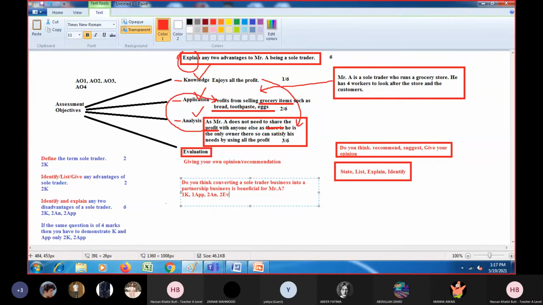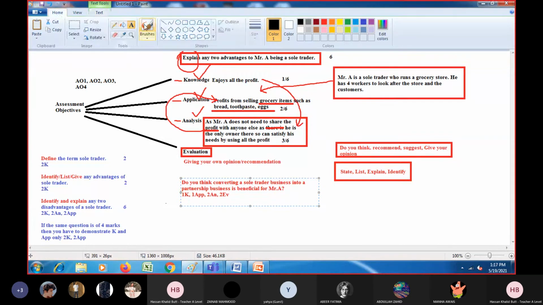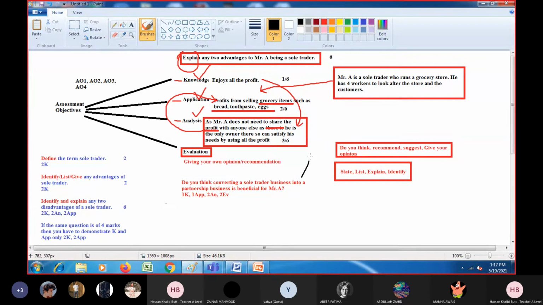Now, this question specifically relates to the situation which is given, right? Yeah, this one. You know that. And how do you know that this question is referring to that? Because they have clearly mentioned Mr. A. So Mr. A is mentioned there, right? Now you have to use application.